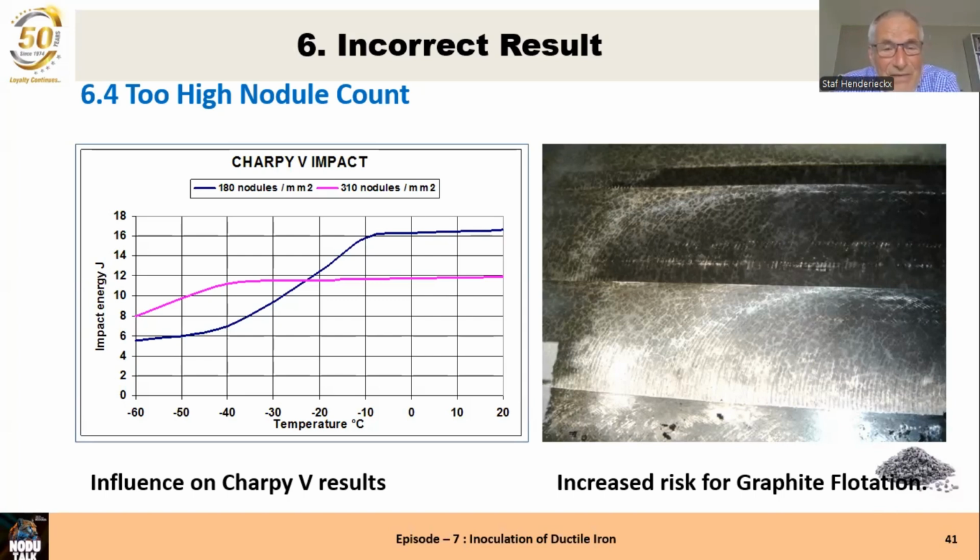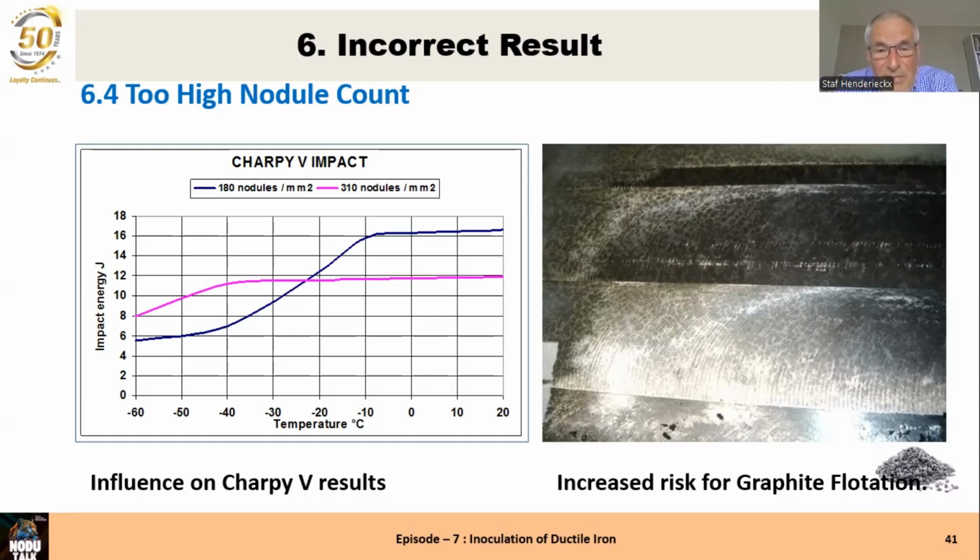On the left side, you see an interesting graph. You can see when you take the Charpy V impact test, that's ductility at low temperature. You see that above 20 degrees C up to about, let's say, -10, a ductile iron with a lower nodule count has a better value than the one with a higher.